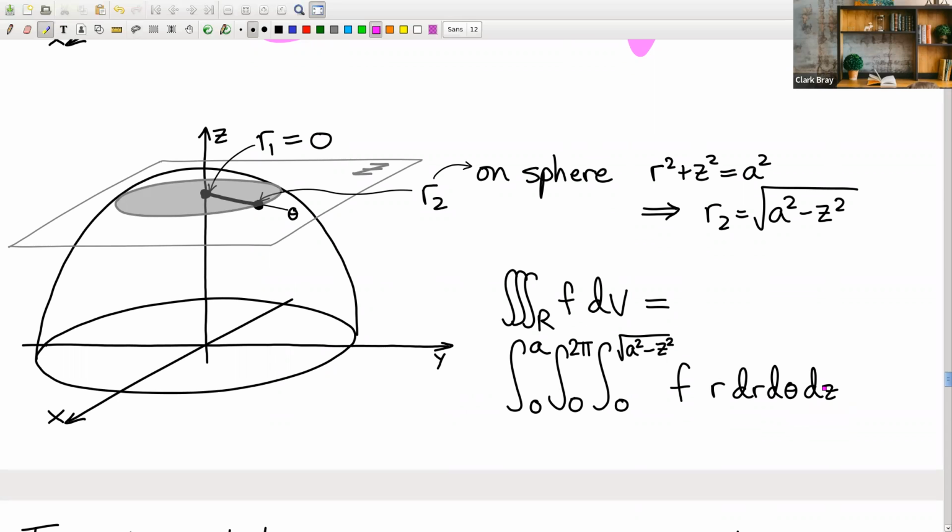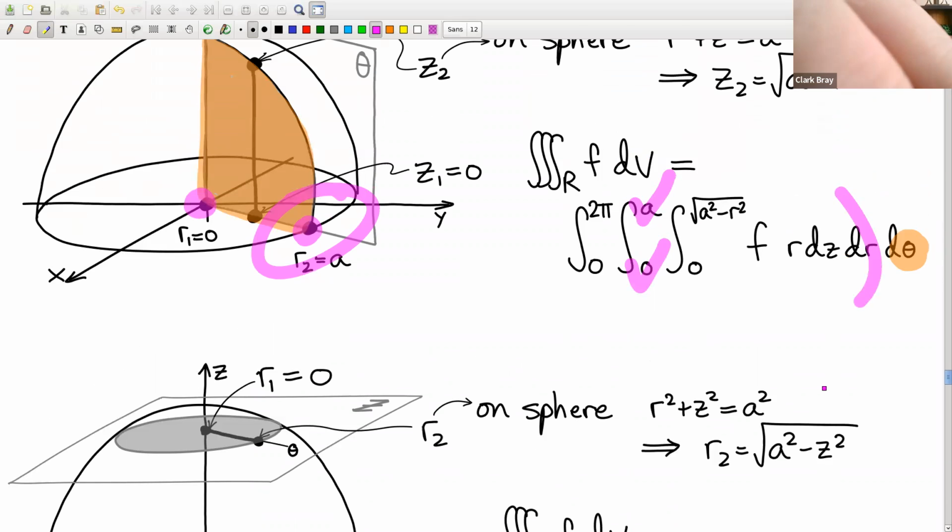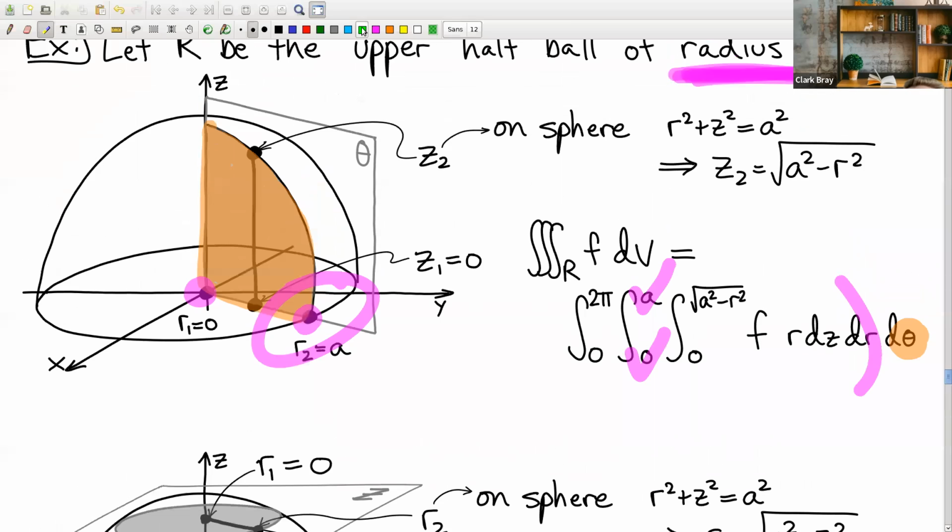But critically, z is on the inside here. If z was on the outside, then yes, and we will do that. Here we've got dz on the inside, so we'll deal with z when we get there. Okay, so R bounds.